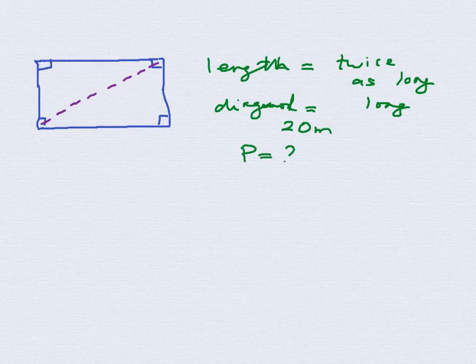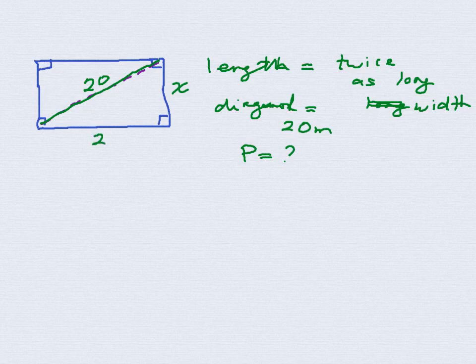So you start with what you know. The diagonal is 20, there's our hypotenuse. Now the length is twice as long as the width. So our width, the shortest side, we'll call that x. And our length is twice as long.